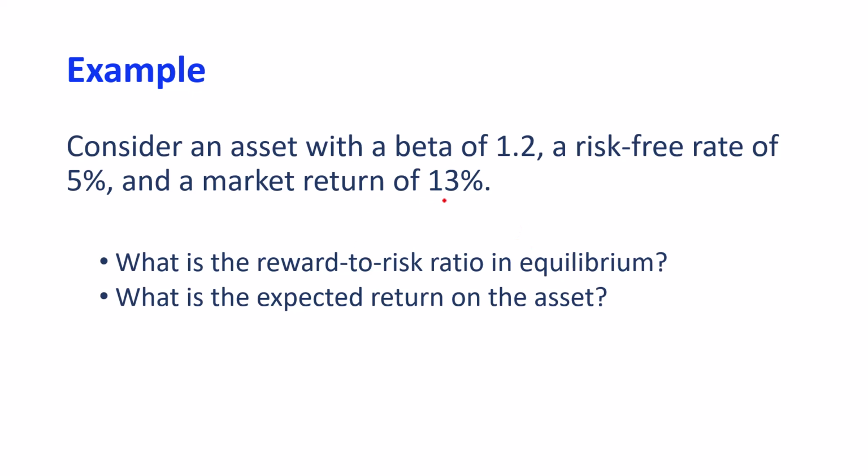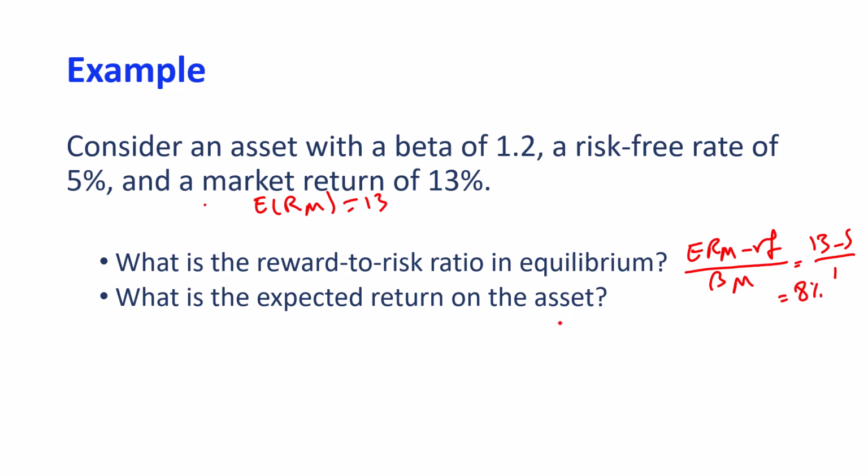So you have the expected return of the market of 13%, minus the risk-free rate, over the beta of the market, which is 1. So you'll have 13 minus 5 over 1, which gives you 8% for the reward to risk ratio.